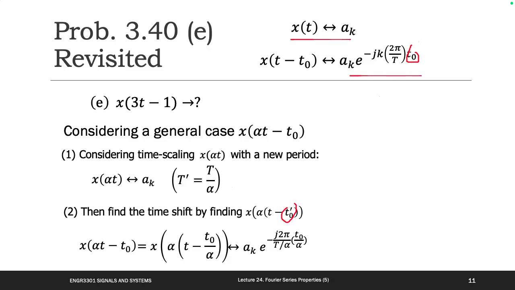And T over alpha is just the new period. Does that make sense to you? Then you have this one, the new FS coefficient. You can see here the new period is equal to T divided by alpha, right? But did you notice that?